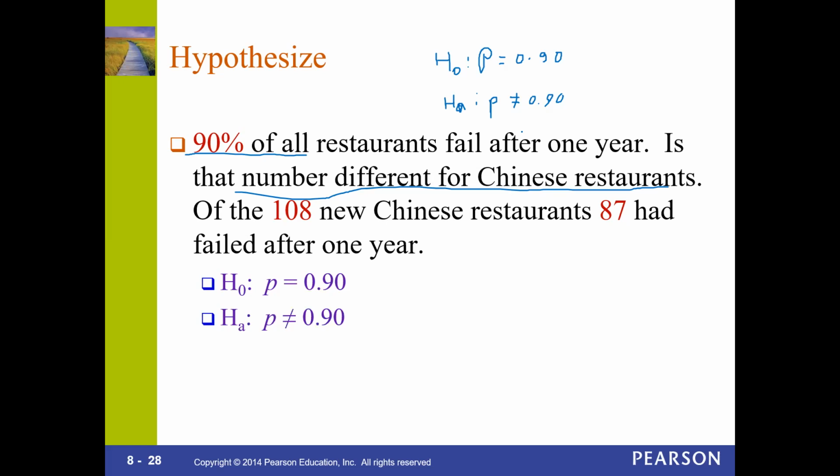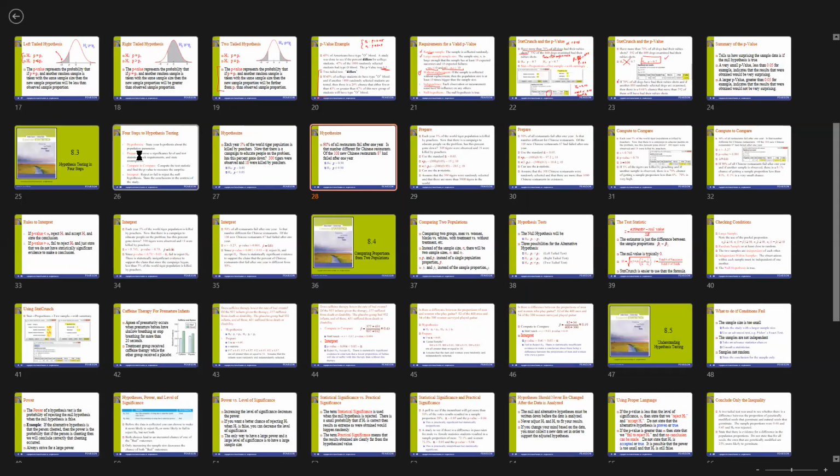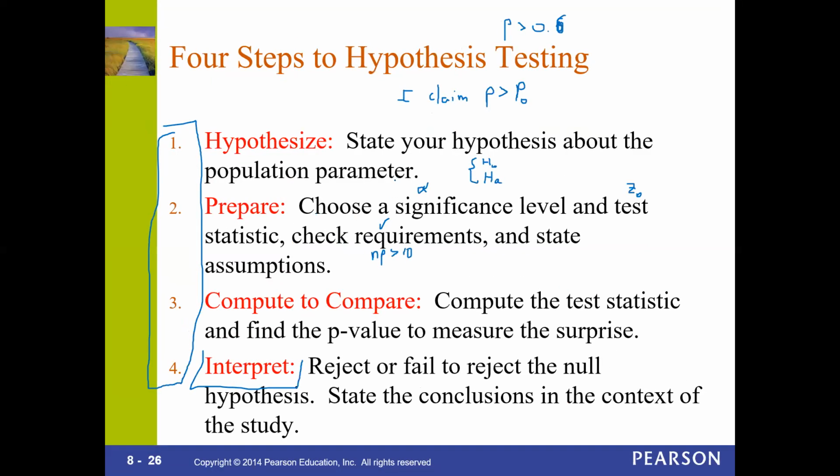This is what we got. Now, based on what we were saying earlier, the next step is, hold on, give me 1 moment. What's the next step again? It says state your hypothesis, choose a significance level and test statistic, check your requirements. So we need to check the requirements now. So by default, if nothing is given to us, what was the question?